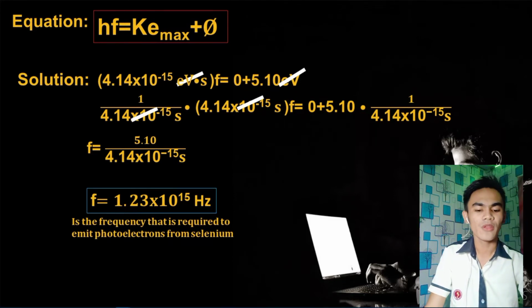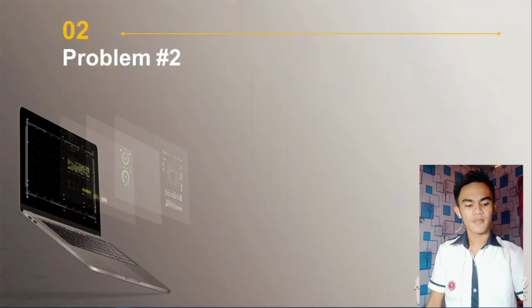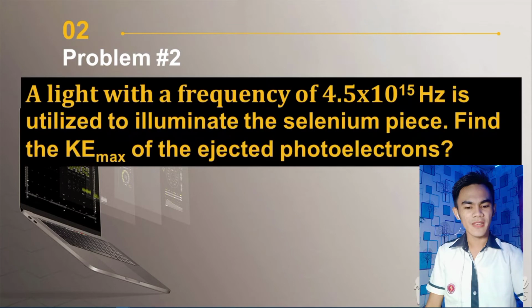So 1.23 times 10 raised to the power of positive 15 hertz is the frequency that is required to emit photoelectrons from selenium. Let's move on to our second problem.